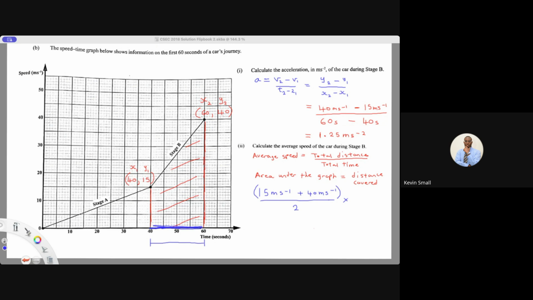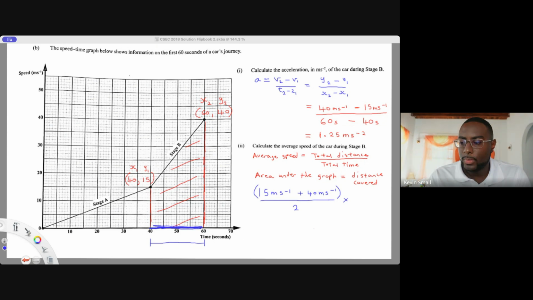All right, so I'm going to multiply this here by the 20 now. So 20 seconds. And notice that the per second and the second will cancel out. So when you work this out, these two will cancel with this. And what is the answer in meters?